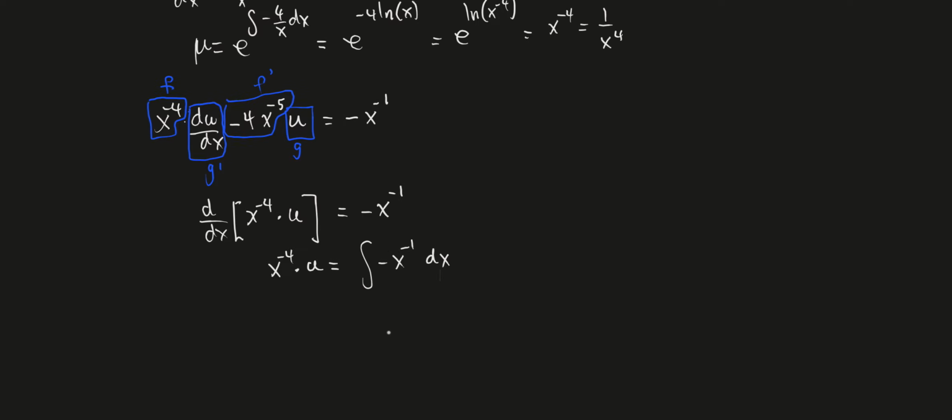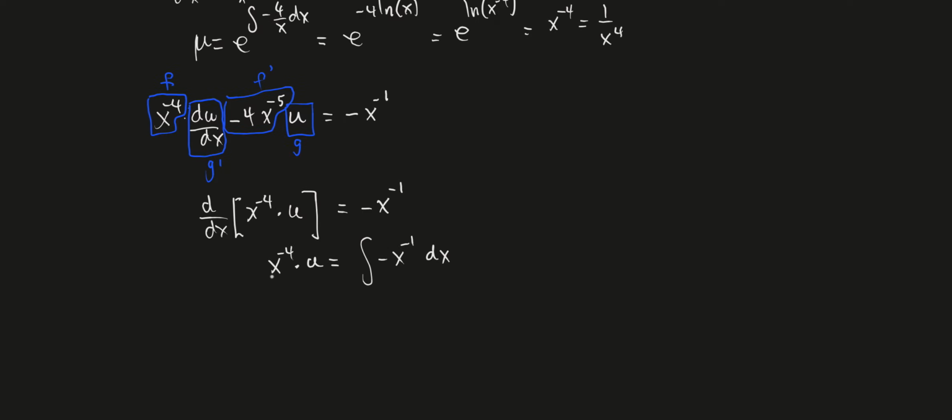So this will give me x to the -4 times u equals negative, now this is 1 over x, so we get another ln, the ln of x, plus c. Then multiply both sides by x to the 4th, and we'll have u is equal to -x to the 4th natural log of x plus c x to the 4th.